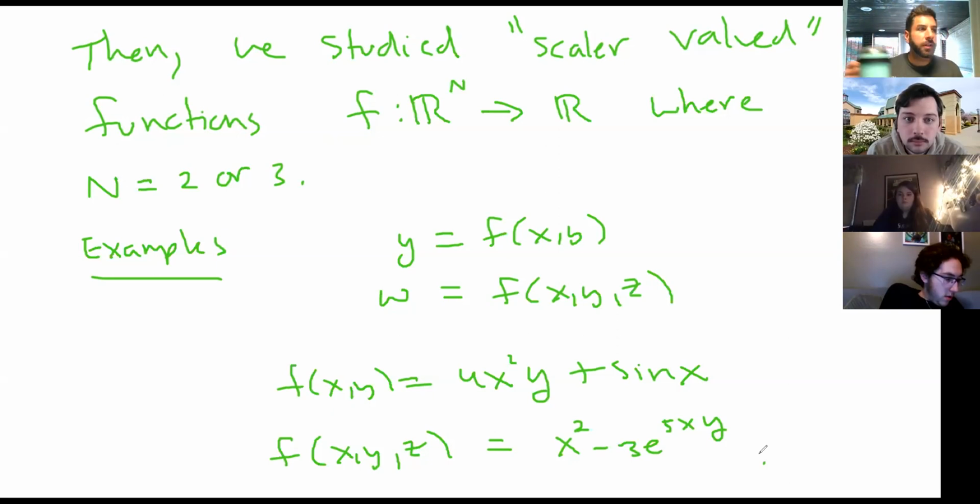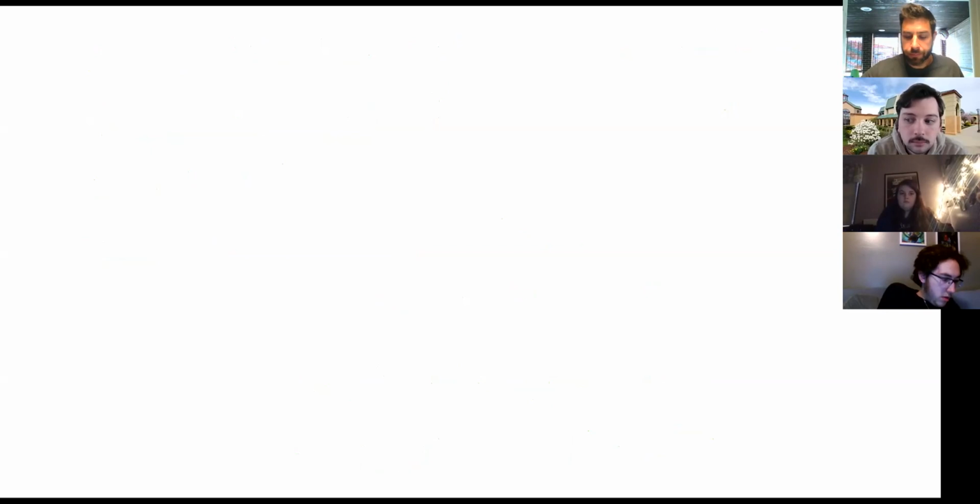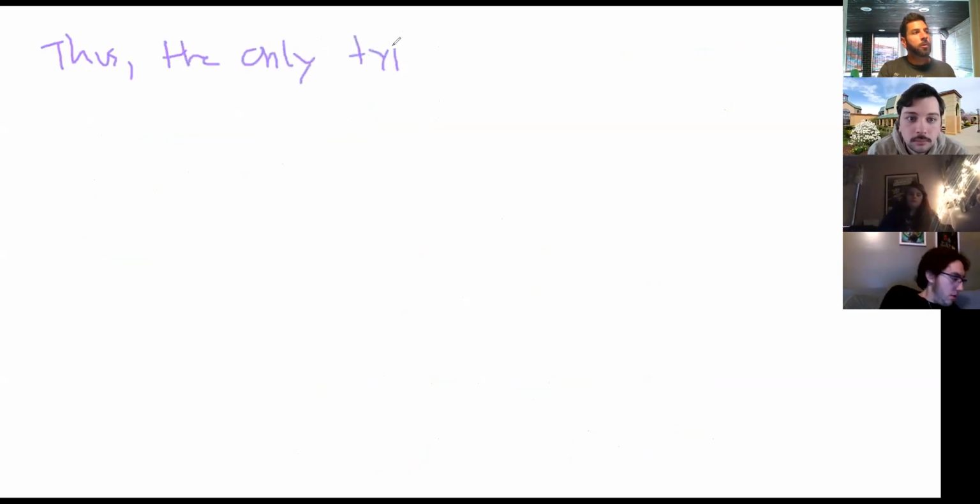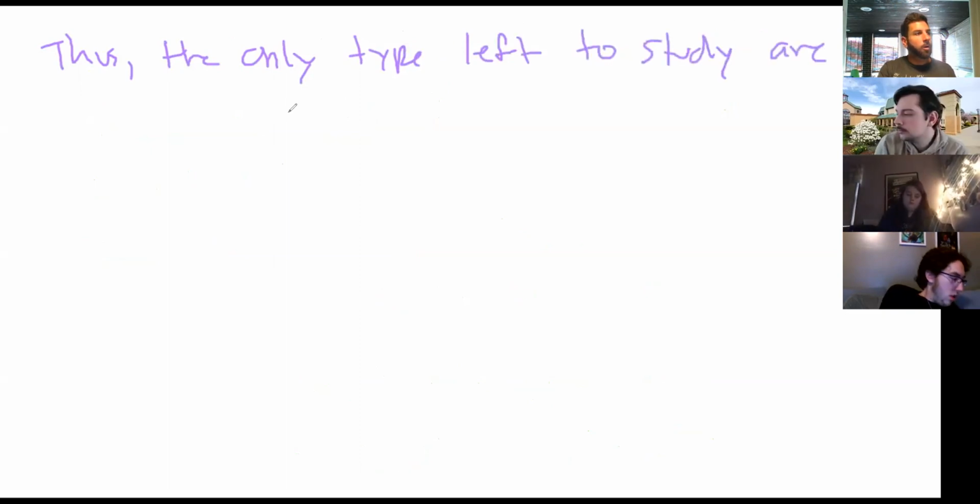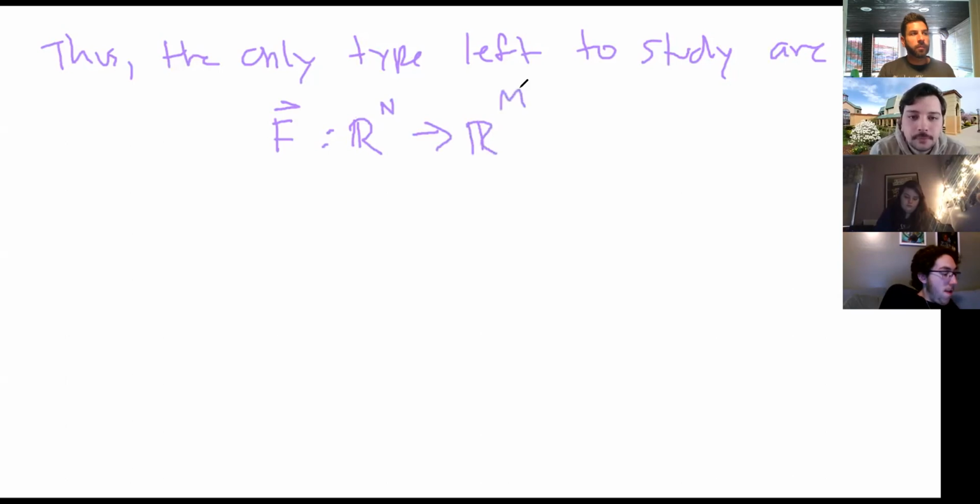So the obvious place to go then, and this is what we're heading at right now, is the following. The only type left to study are what we might call, I'm going to use capital F because that's standard, functions that take a vector and spit out a vector.